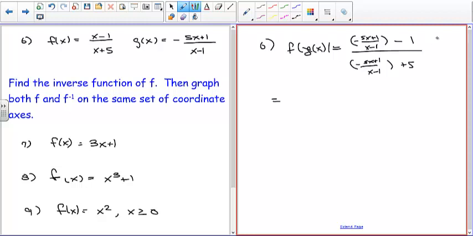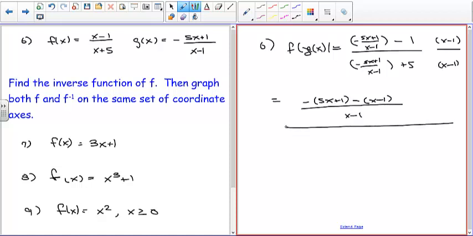If you multiply the top by x minus 1 and the bottom by x minus 1, you will get negative 5x plus 1 over x minus 1, and then this one will be negative x minus 1. So you take this times that, you get that, all divided by x minus 1. So that's combining these two terms into a common denominator.